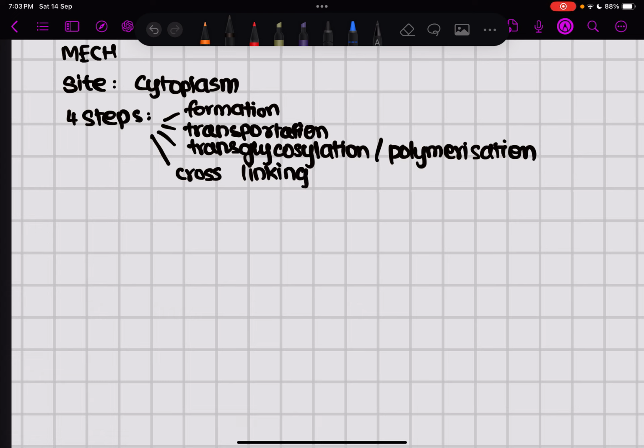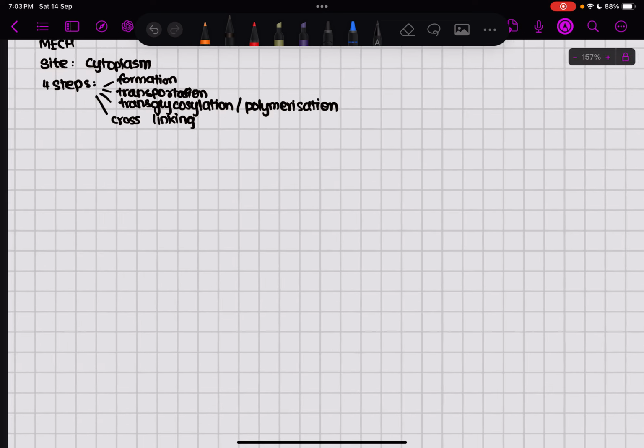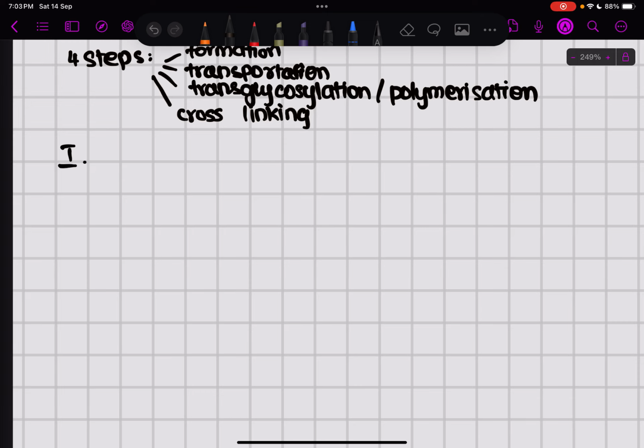Now for the formation part, let us have a look at the building blocks and the forming materials. In the first step, the formation part, the foundation or the forming material, what is it?